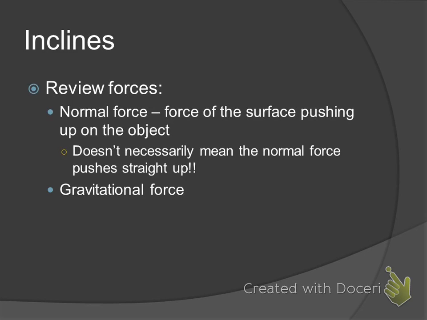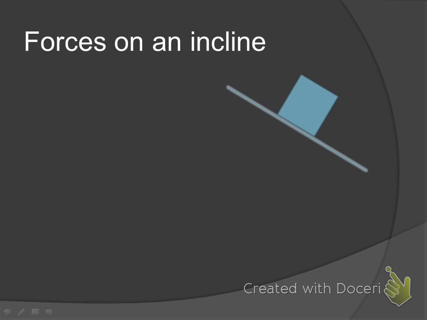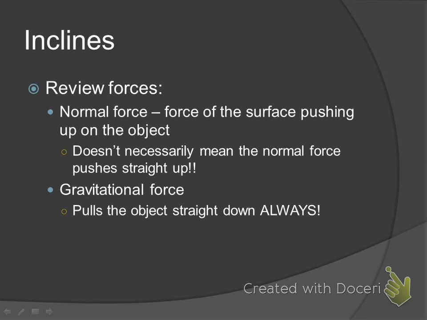Okay? What about the gravitational force? Where does that go? Still straight down. Yeah, still always straight down. So if I bring my little drawing back, I've got a normal force that goes perpendicular to the surface, and I've got a gravitational force that is pulling straight down.